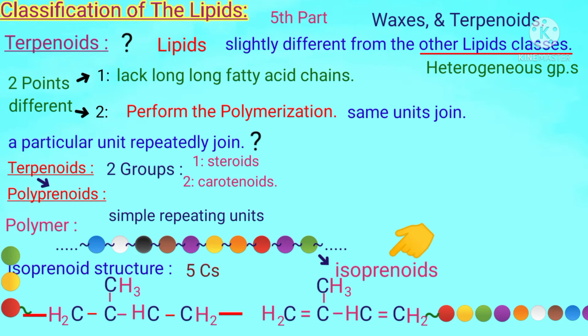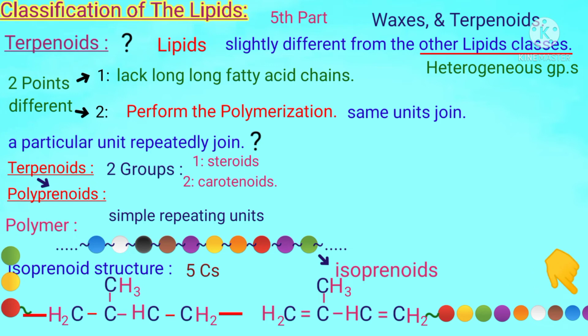This is the isoprenoid unit with terminal double bonds, which comes repeatedly again and again, meaning that this isoprenoid unit comes more than one time. This is the first isoprenoid, second, third, fourth, and so on.